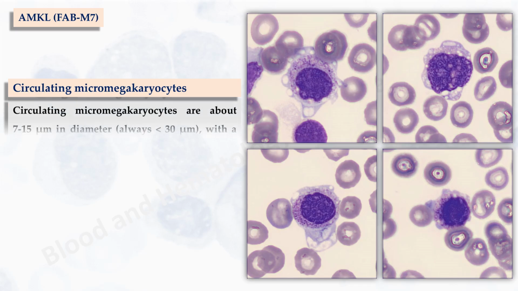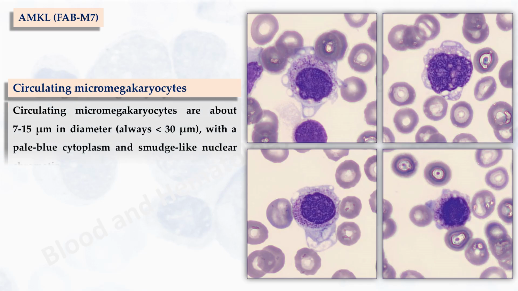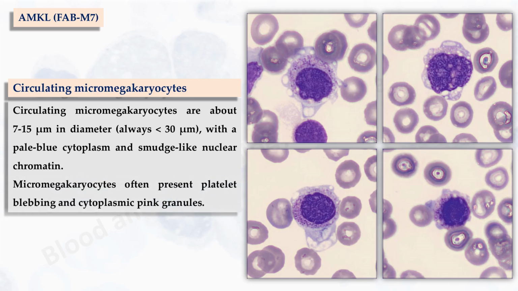Circulating micro-megakaryocytes are about 7 to 15 micrometers in diameter, with a pale blue cytoplasm and smudge-like nuclear chromatin. Micro-megakaryocytes often present platelet blebbing and cytoplasmic pink granules.